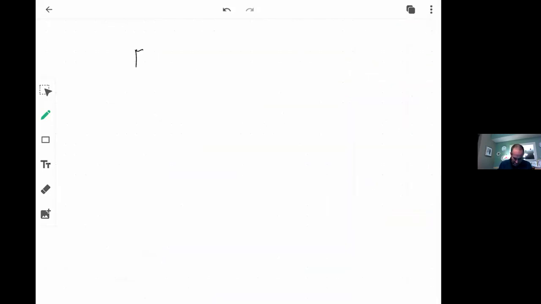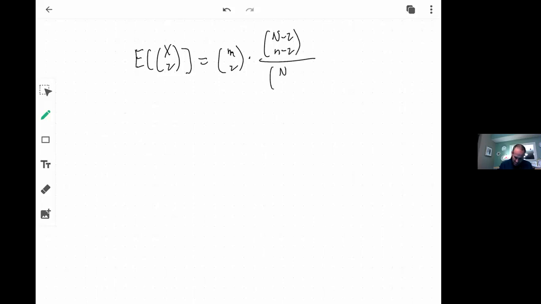So the expected value of x choose 2, what's that equal to? Well, again, it was m choose 2 times capital N minus 2 choose little n minus 2 over capital N choose little n. And we know what's going to happen with this.